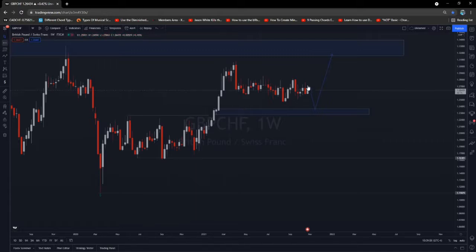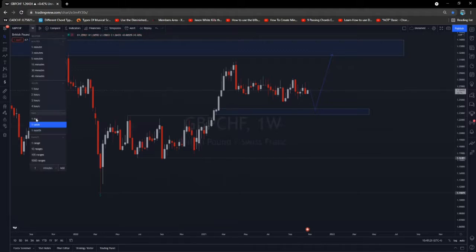If we do not get a movement to the downside, we can also get a breakout from this area over here, a retest, and then a movement to the upside. But when you see manipulation or a consolidation, you just know that there's an incentive for institutions to tap into those retail traders and take them out. So this was my sentiment on GBPCHF.